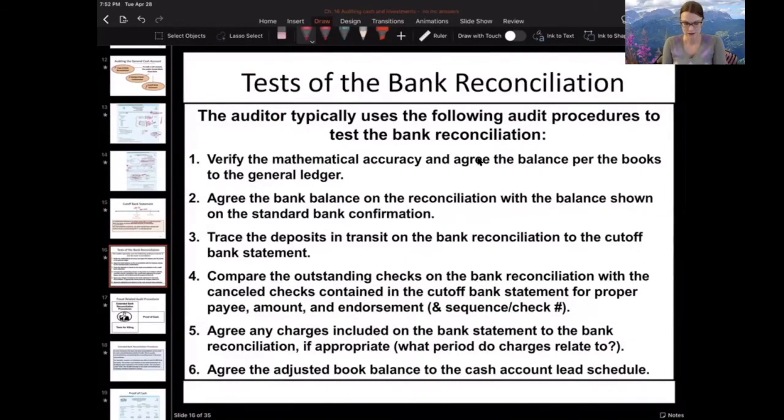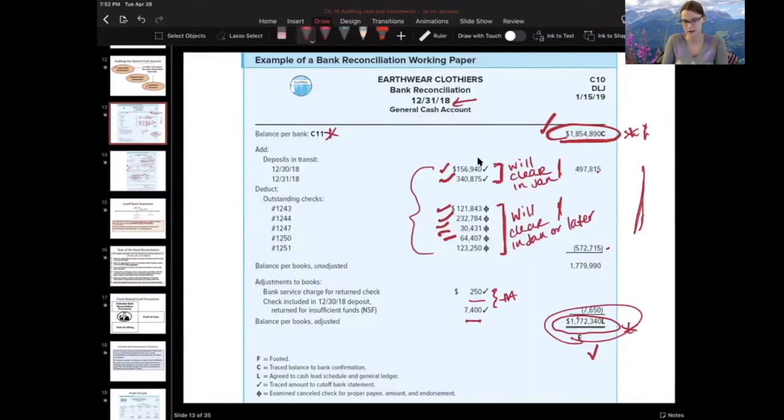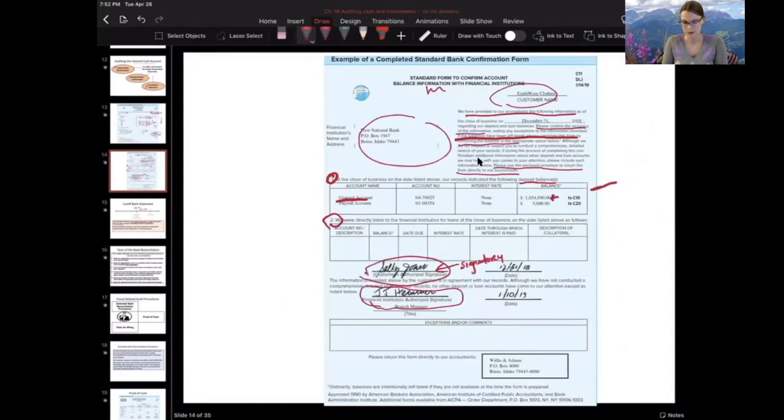Then I agree the balance per bank on the reconciliation to the bank confirmation, just like we did here, making sure this balance matches up with this balance on the bank reconciliation.